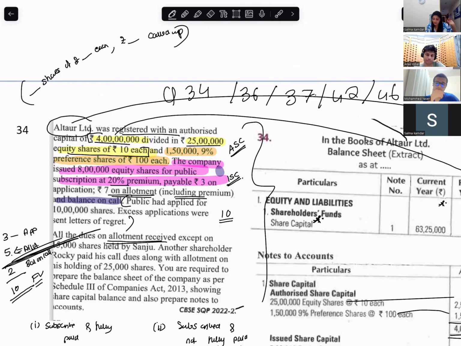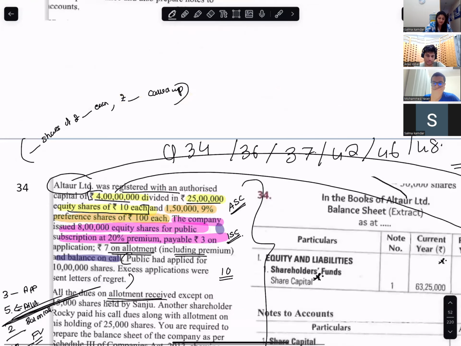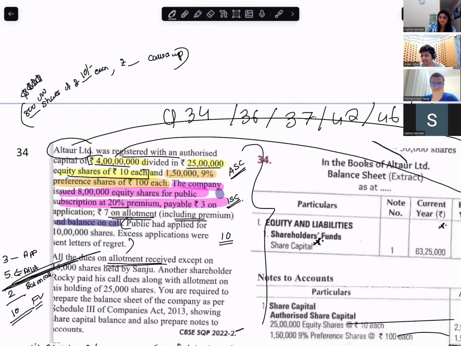So in subscribed but not fully paid up, you will tell me the first line, what will it come? 800,000 shares of rupees 10 each. How much have you called?